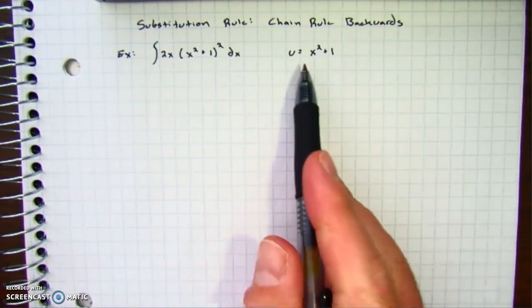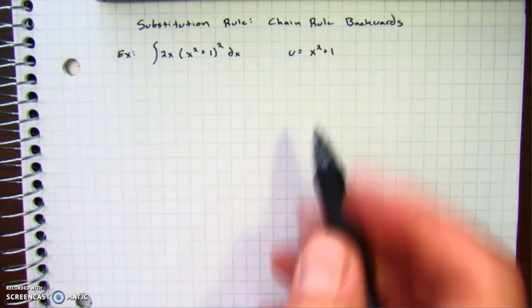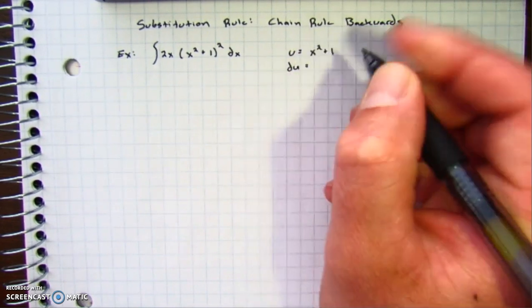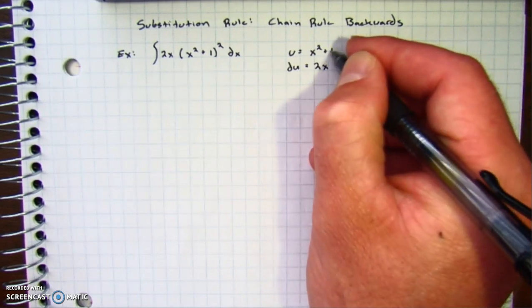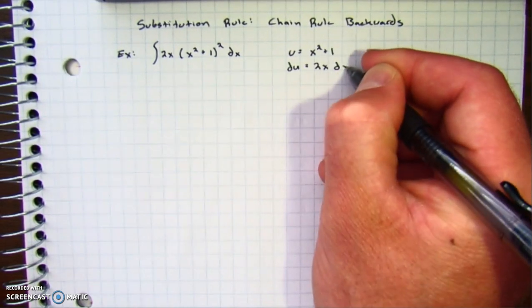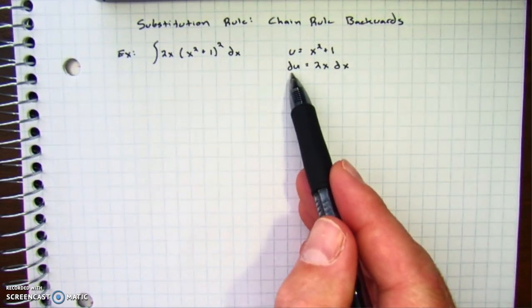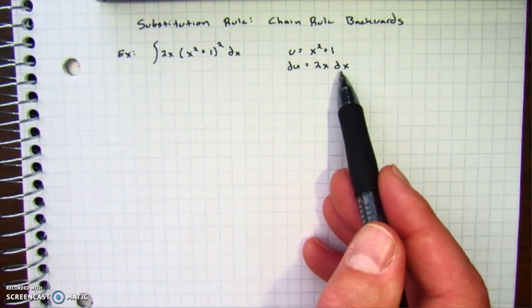If that's u, let's figure out what du is going to be, the derivative of this. The derivative of u is going to equal 2x, and for now we'll put dx over here.